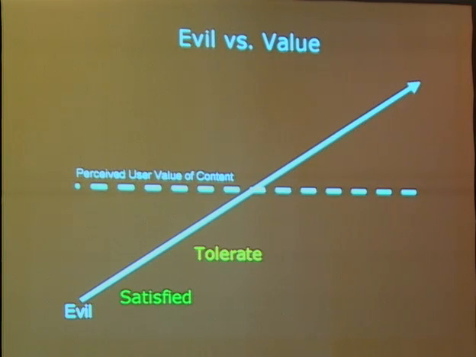As it approaches that threshold, they tolerate it. They're not happy, they may complain a little bit, but they'll still do it. Then they cross the threshold, and they start becoming annoyed, and then angry. When they become angry, they're going to go somewhere else, blog about it, and tell their friends not to go there. And we've all been there.